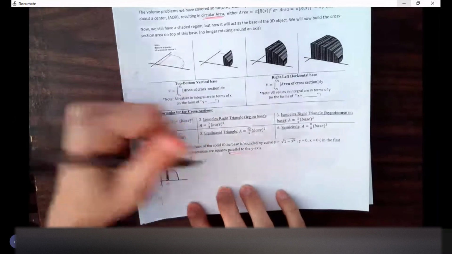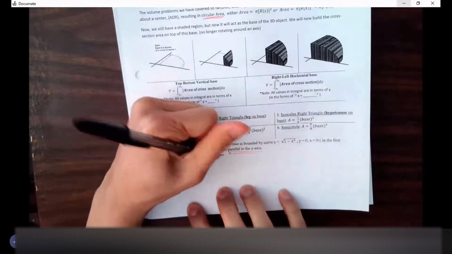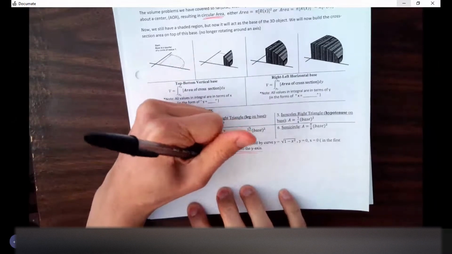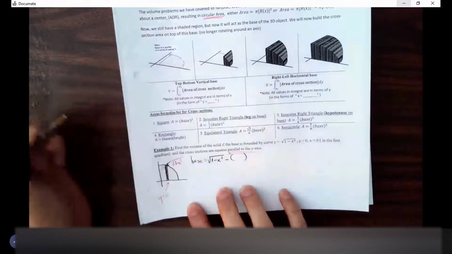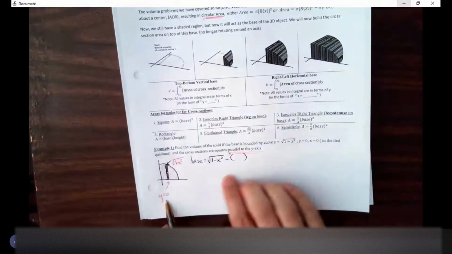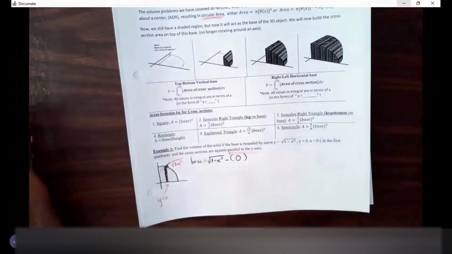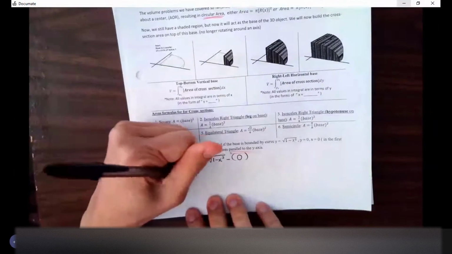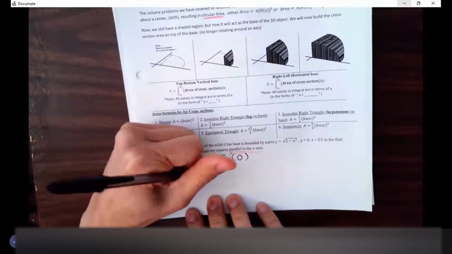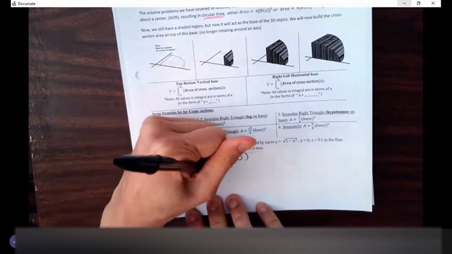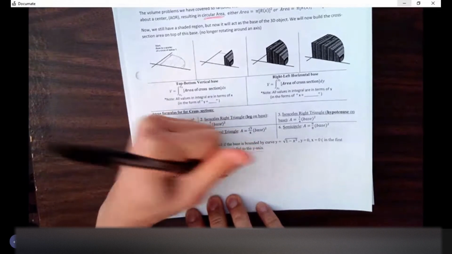The top of the base is sitting on the curve, minus parentheses, and the bottom is sitting on y equals 0. The minus 0 will just go away, so base is equal to the square root of 1 minus x squared.